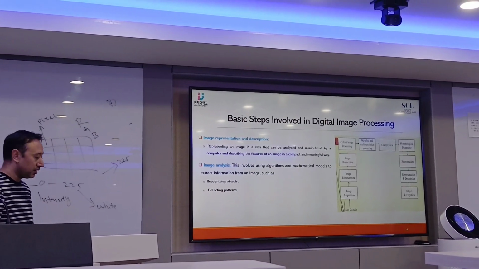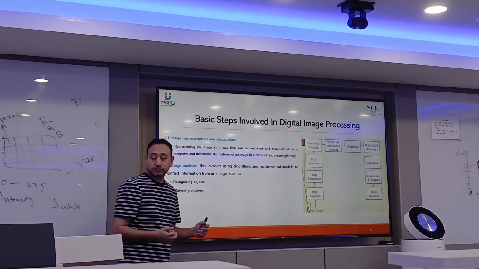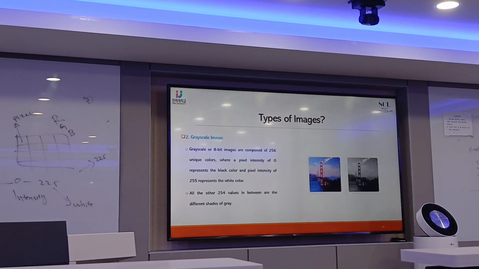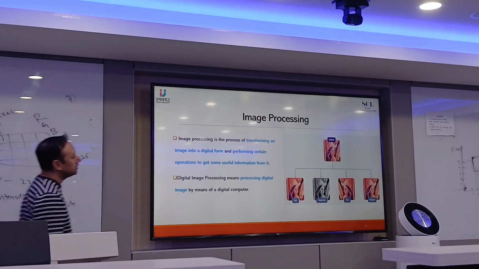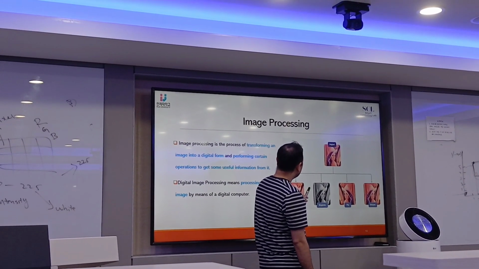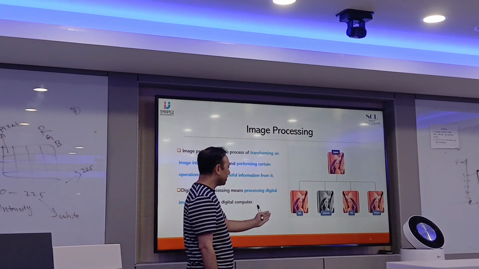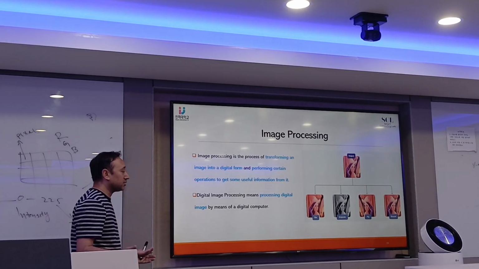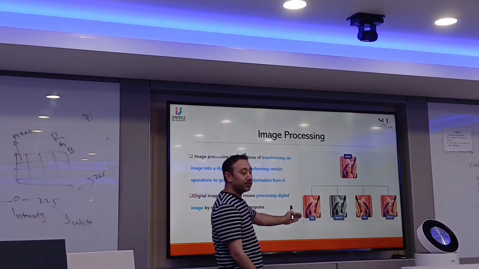For example, if you want to blur an image, if this is the original image, we apply different kinds of operations on this, like Gaussian blurring or other operations. And the output is an image.